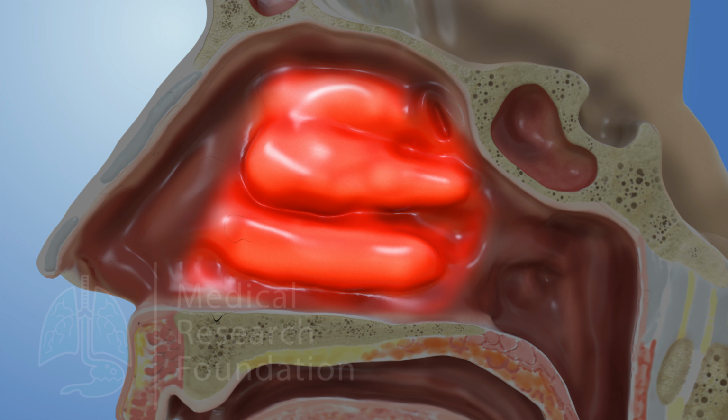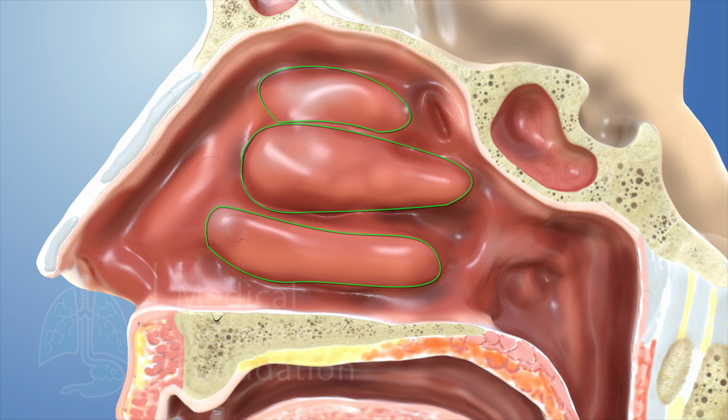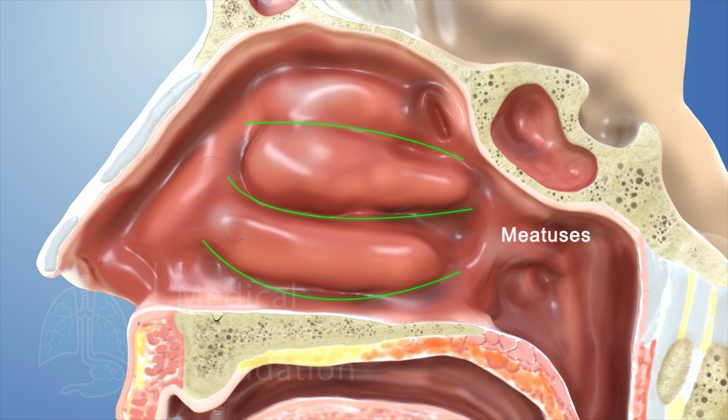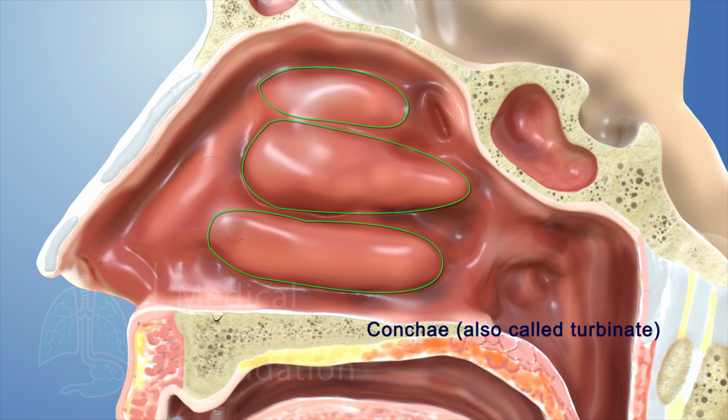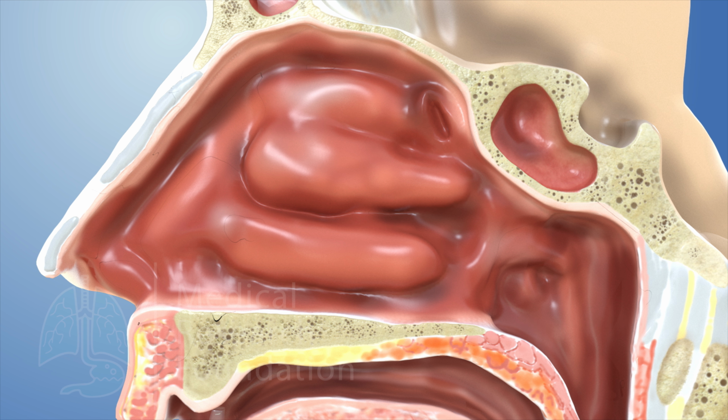The posterior part presents 3 scroll-like projections, the conchae or turbinates. The spaces separating the conchae are called meatuses. The conchae and meatuses form the main features of the lateral wall. Conchae, also called turbinates, are the curved bony projections directed downwards and medially.